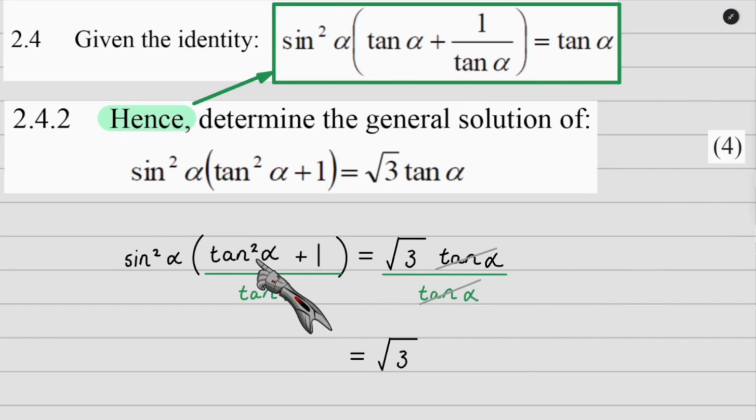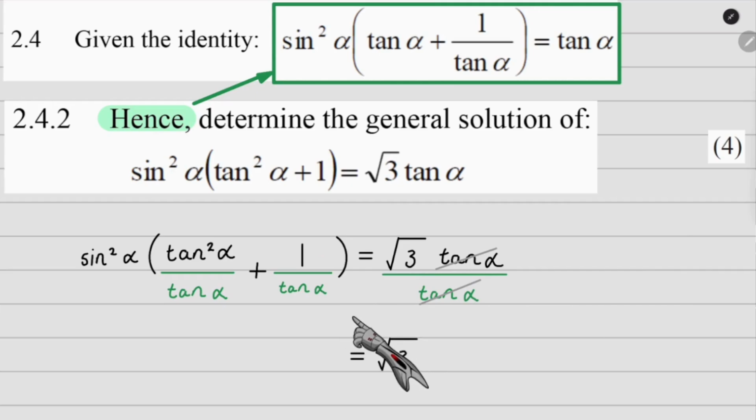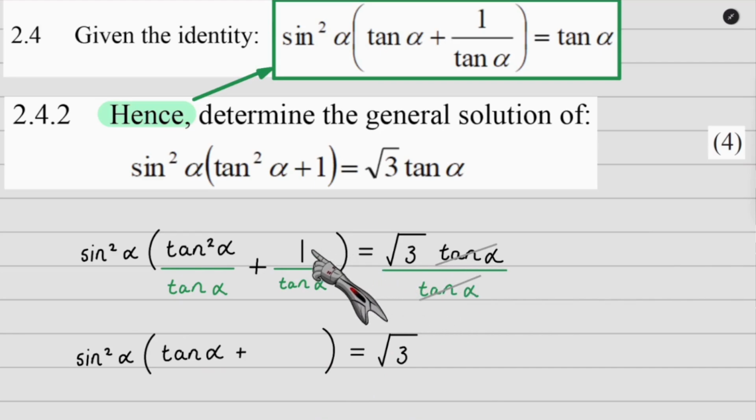And if there's addition on top, I've got to split up the fraction and divide them by tan alpha individually. Just like that. So tan squared alpha over tan alpha will give me that tan alpha as I planned for. And 1 over tan alpha can't be simplified, so we just leave that there.